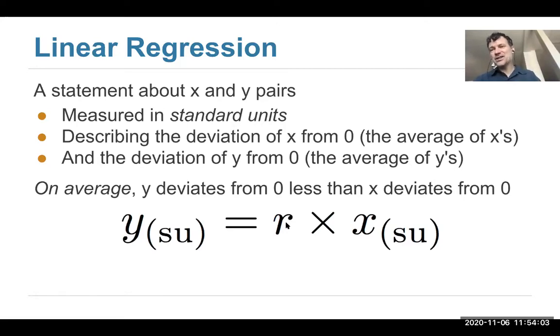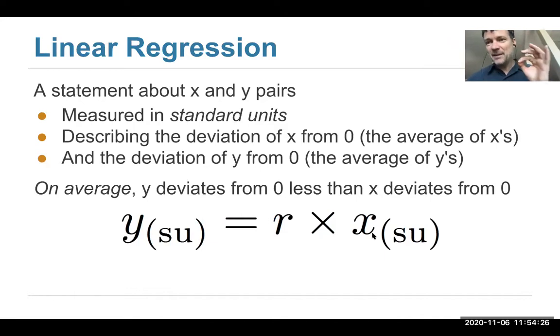And that was not just an accidental pattern we saw. There's actually a mathematical theorem one can prove that says in some very precise way, that is the best line you can use. And we're not going to prove it in this class, so you just have to take it on faith from me that the slope of that best line is given by R, the correlation coefficient. So the equation for that best fit line is Y equals R times X.